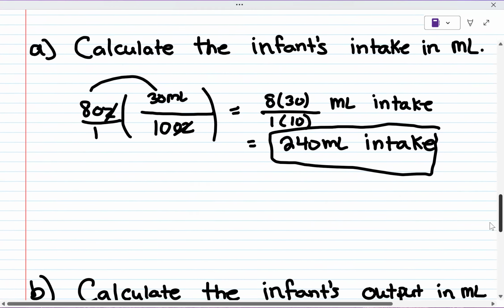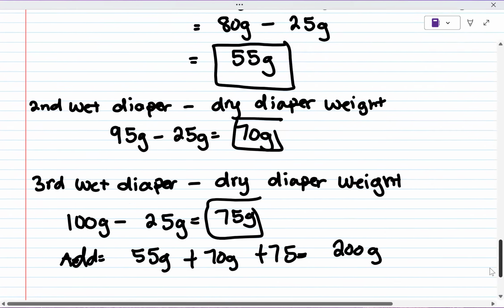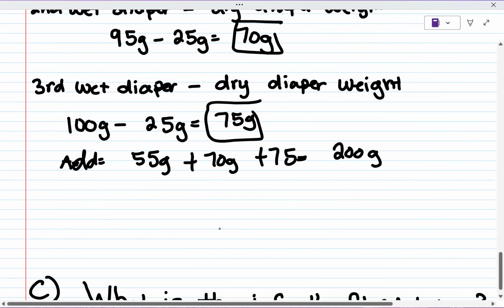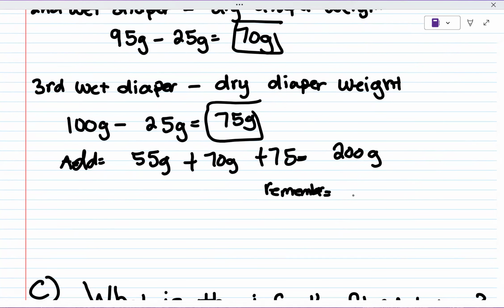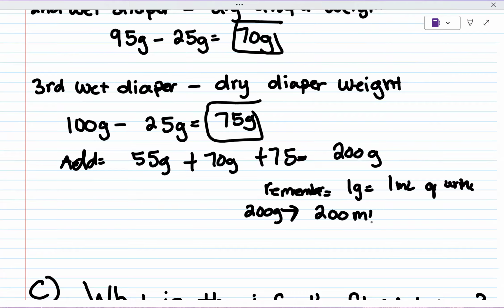So we're going to use that information. 1 gram is equal to 1 milliliter of urine. So we have 200 grams, so that's going to be 200 milliliters.